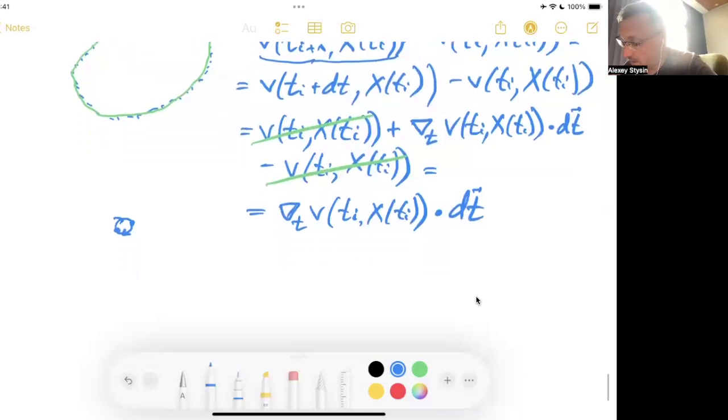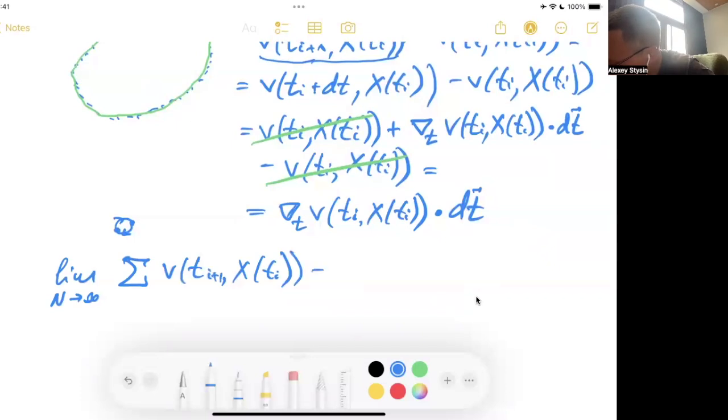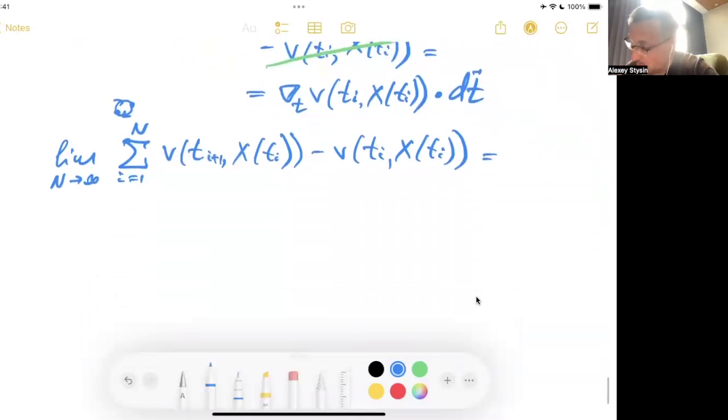And now we are going to consider the limit. Let's take the limit, with the number of points on this closed curve going to infinity, of the sum from 1 to n of v of t_{i+1}, x of t_i minus v of t_i, x of t_i. Now we are considering more and more densely spaced points on that curve, and we end up with an integral.